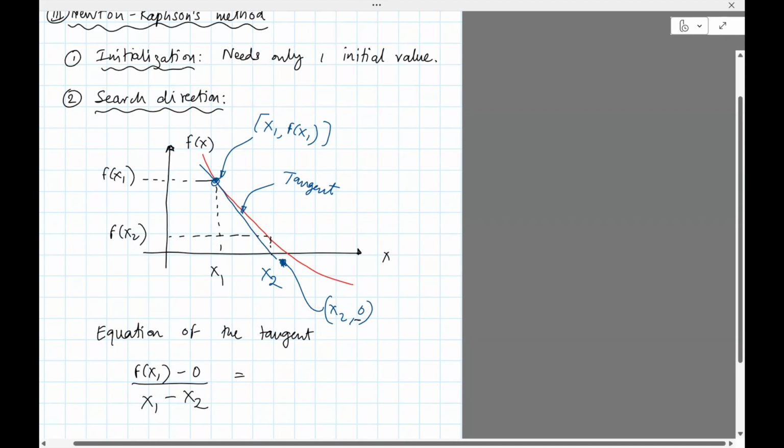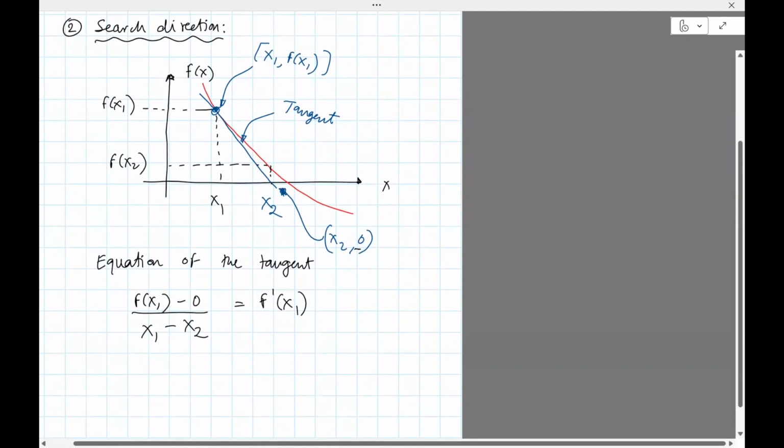Okay, but the slope of the curve at the point x1 is nothing but the rate of change of the equation f of x at x1. So that's the derivative, first derivative.